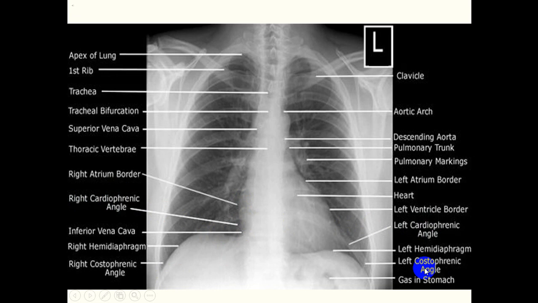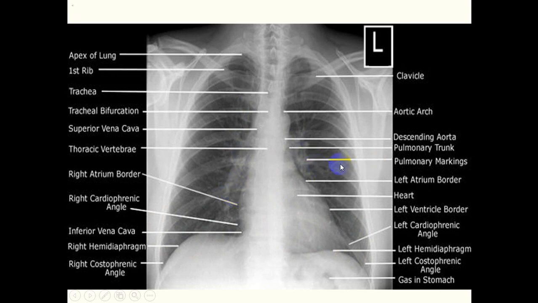These angles are important as they are blurred when there is fluid collection in the pleural cavity, like in pleural effusion, hemothorax. Then markings of the root of lung are also visible here. These markings are seen because of the branches of bronchial tree and the pulmonary vessels.